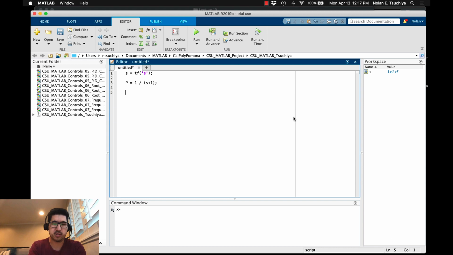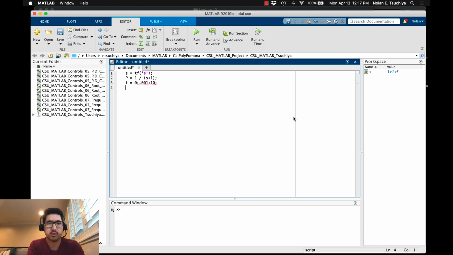What we can do is define a time vector, because we're going to simulate sine waves of different frequencies and pass them through this filter of 1 over s plus 1. Just as always, you can define a vector in MATLAB using this notation, which is basically saying go from 0 to 10 seconds in increments of 0.01.